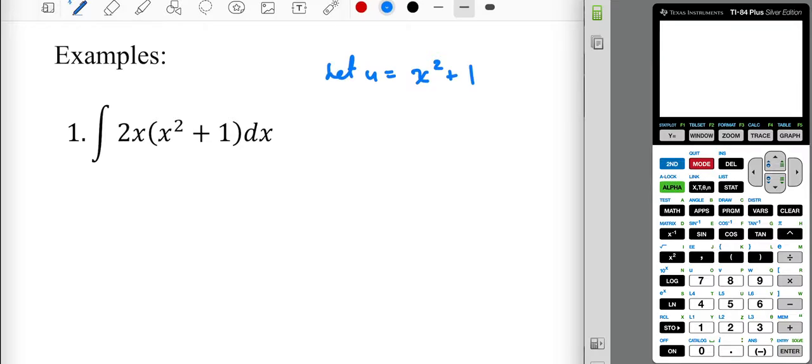So I'm going to take the derivative of the u equation with respect to x, so du/dx is going to be equal to 2x. But what I want to be able to do is swap out anything that I didn't call u, aside from any constants or constant multiples, with an expression that involves whatever I come up with here.